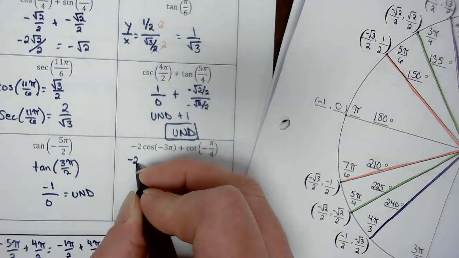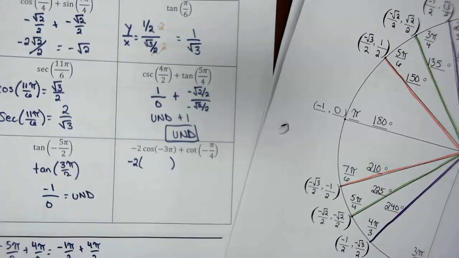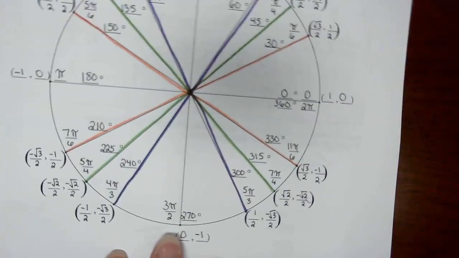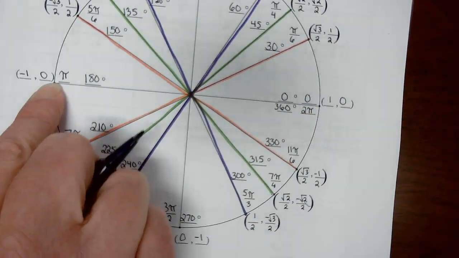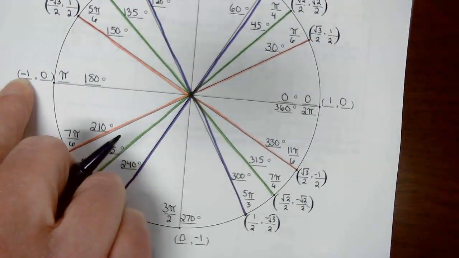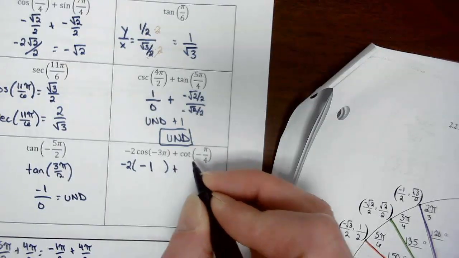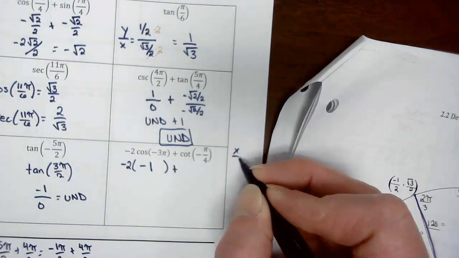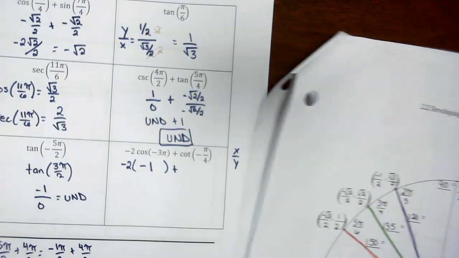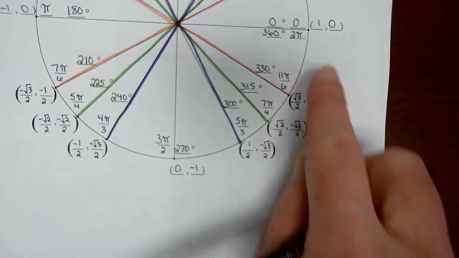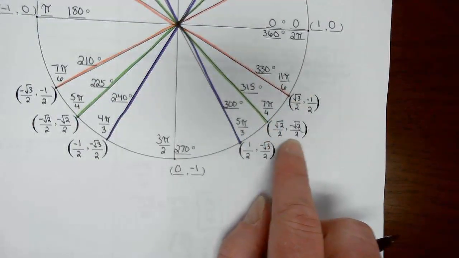Negative 2 times the cosine of negative 3 pi. Okay, negative 3 pi. 1, 2, 3. And cosine is negative 1. Plus, now cotangent was x over y. Negative pi over 4 will be backwards of pi over 4.